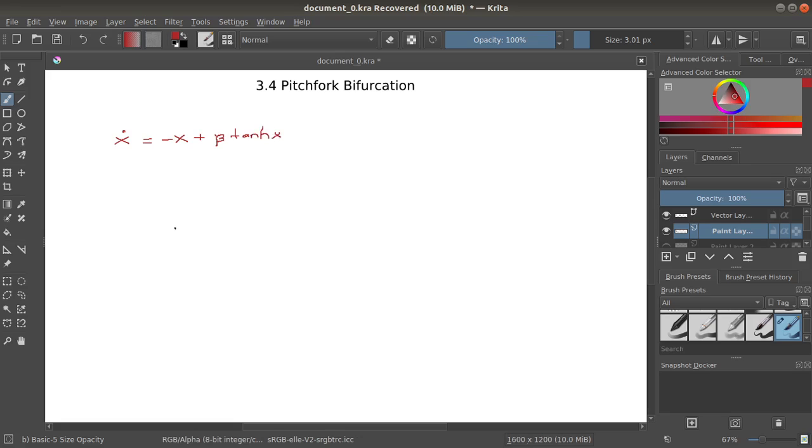Okay, so this is the system, and for this system we need to verify whether this system is having a pitchfork bifurcation or not. Okay, so let's see.